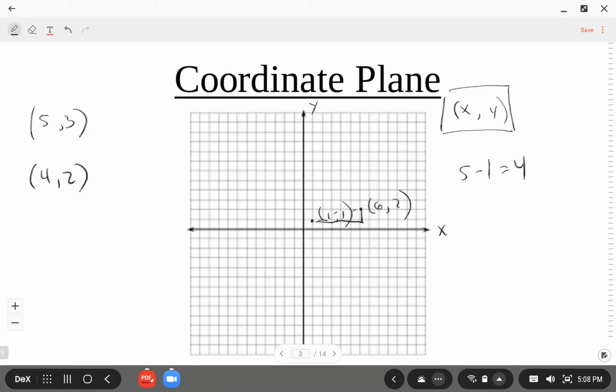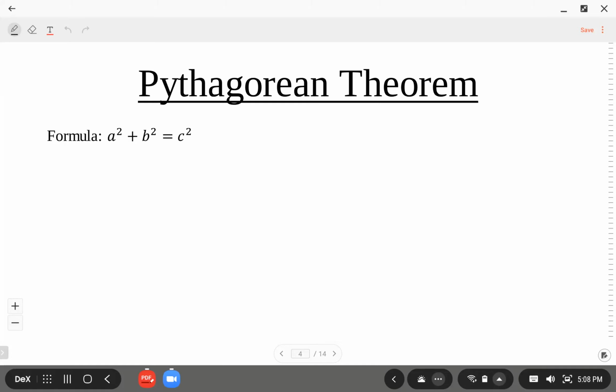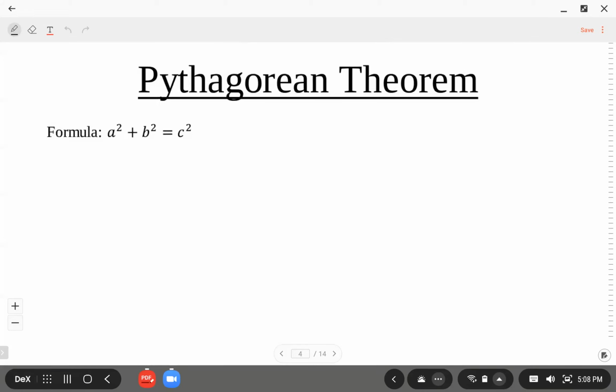So let me review the Pythagorean theorem for everyone. The formula is a squared plus b squared equals c squared. This is a theorem applied on right triangles. So let me draw a quick right triangle right here.